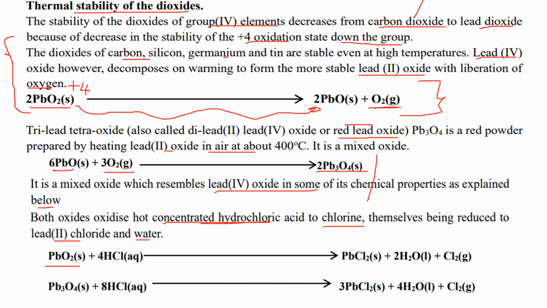So lead oxide oxidizes hydrogen chloride to chlorine gas, and after oxidizing it gets reduced to chloride together with water. And the same thing applies to trilead tetroxide or red lead. It oxidizes hydrogen chloride gas or hot concentrated hydrochloric acid to chlorine gas, and after oxidizing it gets reduced to chloride together with water.